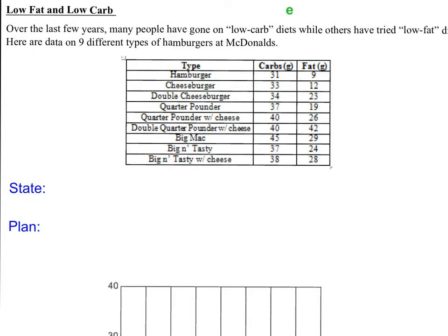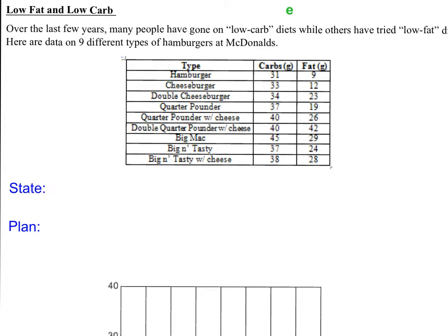I'm not going to fill in these parts. You certainly can, because if you didn't do this problem with a 4-step, I would be fine with that. I just want you to see the steps. In the state step, you basically lay out what you're after. In this problem, we want to look at a possible association between carbs and fat.